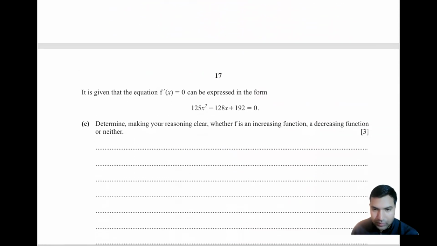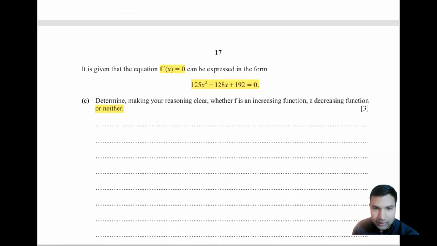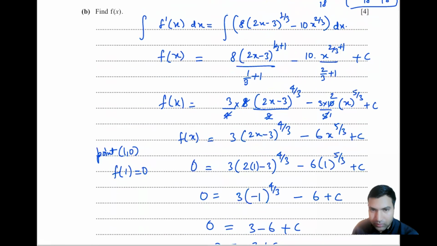Now, next, the last part of the question. It is given that the equation f dash of x equal to 0 can be expressed in this form. Determine, making your reasoning clear, whether f is an increasing function, a decreasing function, or neither. So what we do over here is, let's quickly see what f dash of x equal to 0 is.